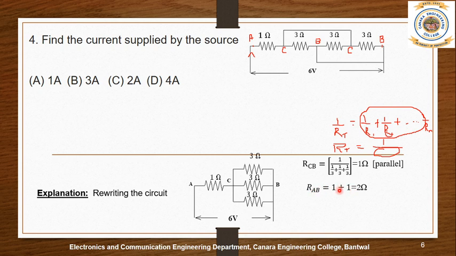So RAB is 1 plus 1 is 2 ohms. So what is the current? 6 by 2. Sorry, it is wrongly printed, it is 3 amps. So what is the option? Option B is the correct answer.